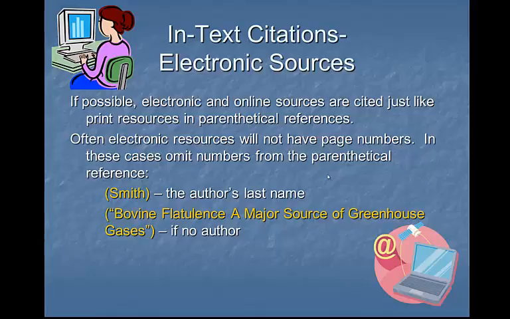So you're going to use the same information for your in-text citations, just no number. So you see right here is an example of an in-text citation where there is an author listed. And then here's an example if there isn't an author listed. You just have the title of the article instead.